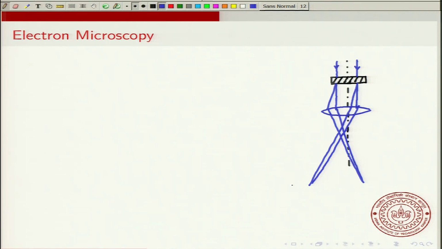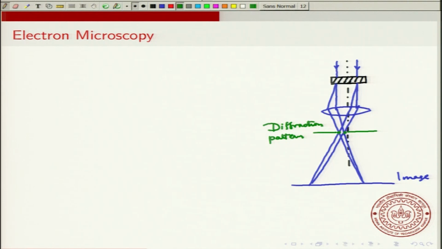So you will get an image here. Now what you can also see is that if you look right here, you see the interference of those waves. So, you will see a diffraction pattern here. You can actually see the electron diffraction pattern here and the real space image here. So, in this way, in the single setup for electron microscopy, you can get both the image and the diffraction pattern.